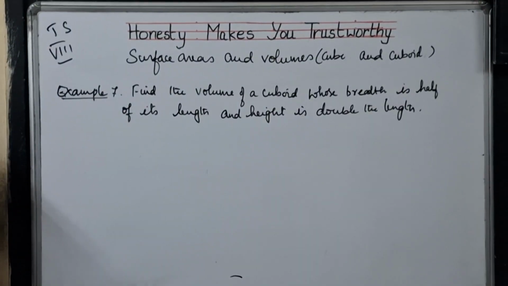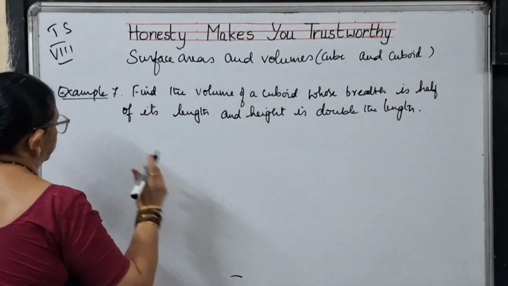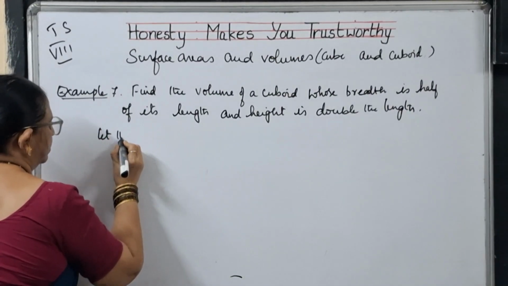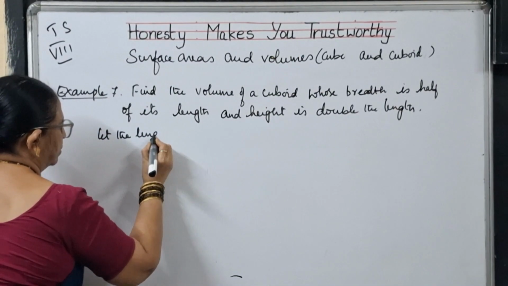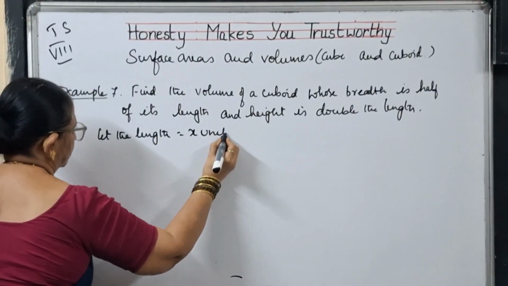Now the next sum is: find the volume of a cuboid whose breadth is half of its length and height is double the length. That means let the length be x units.